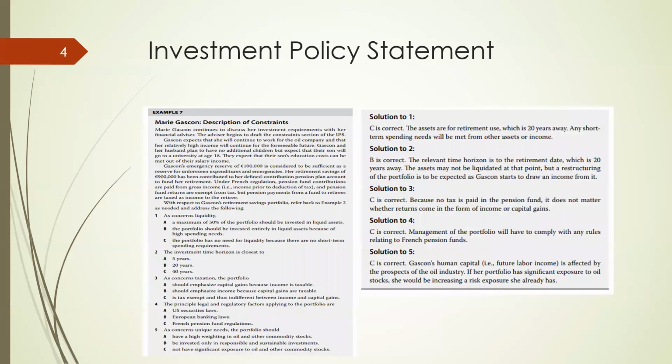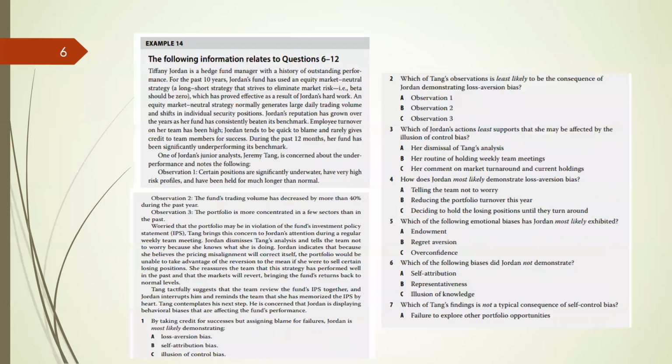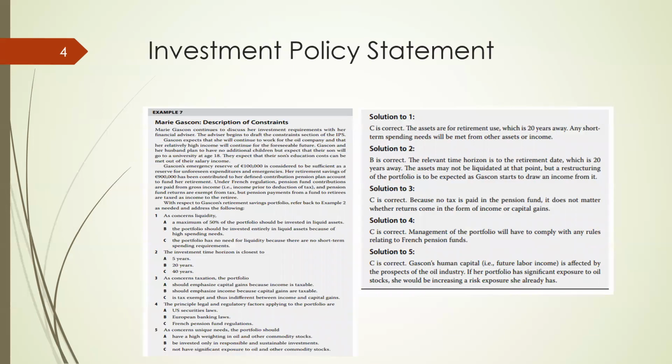So let us go to the investment policy statement. This is a part of portfolio management. So let us see a case study, because the exam contains many case studies, especially in level 2 and level 3, but in level 1 as well.